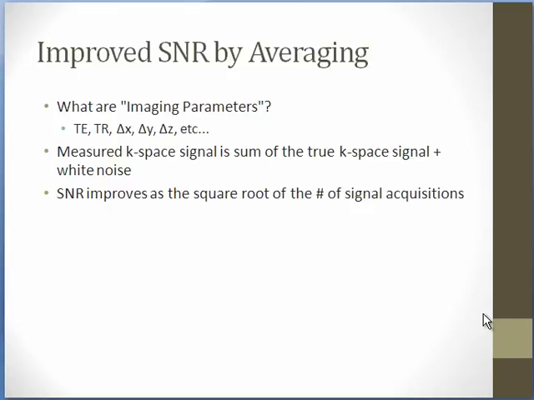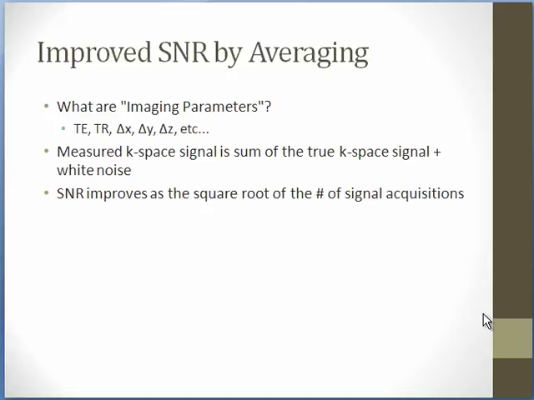So how can we improve that? Well, as I mentioned before, for that particular image, I did 8 averages. We could very easily do more, but there's a trade-off, because in order to improve the SNR by averaging, you have to take into consideration that SNR improves only as the square root of the number of signal acquisitions, or NEX.